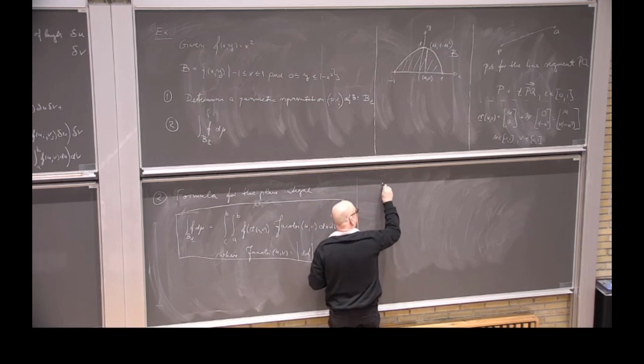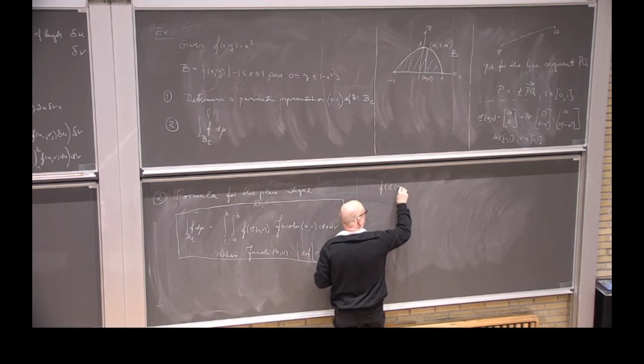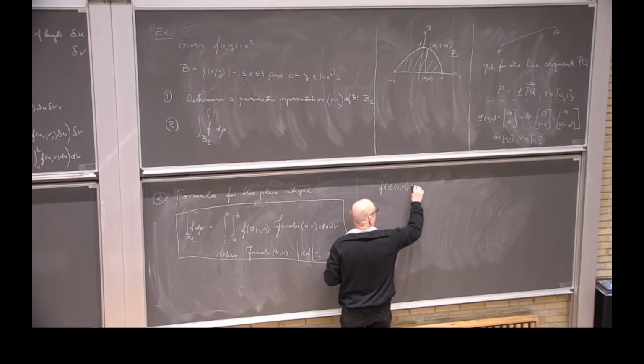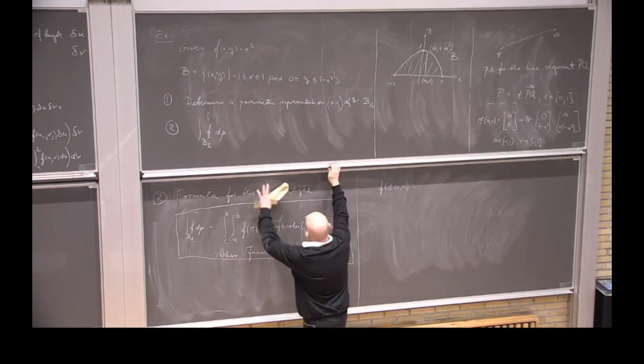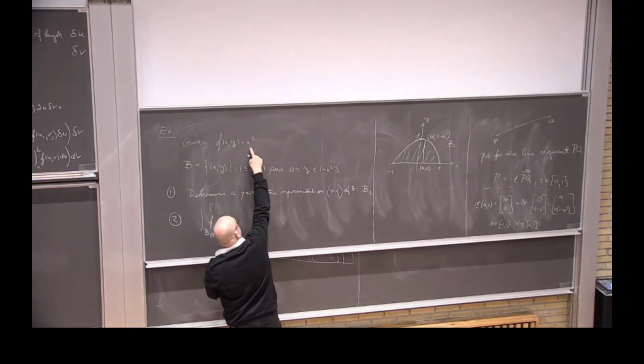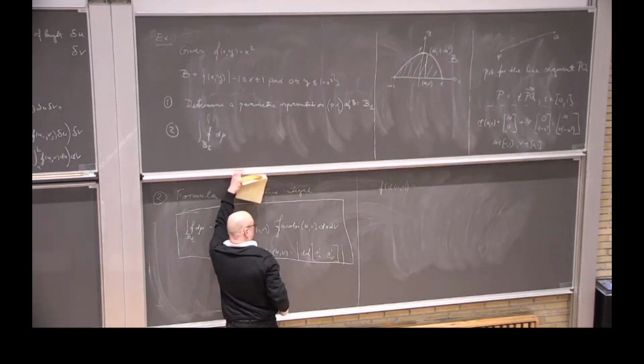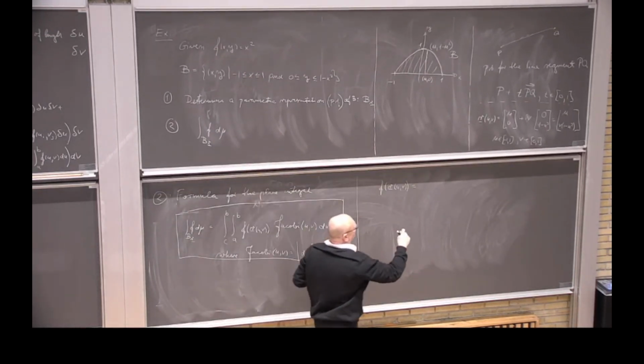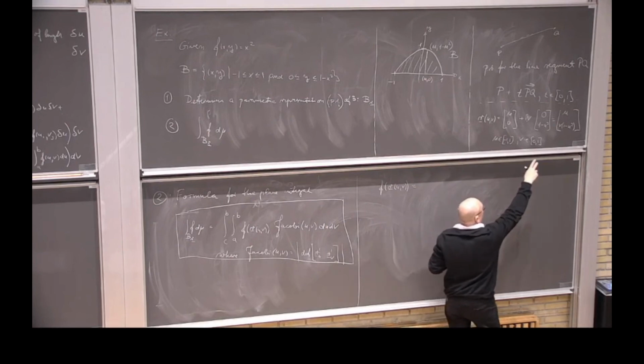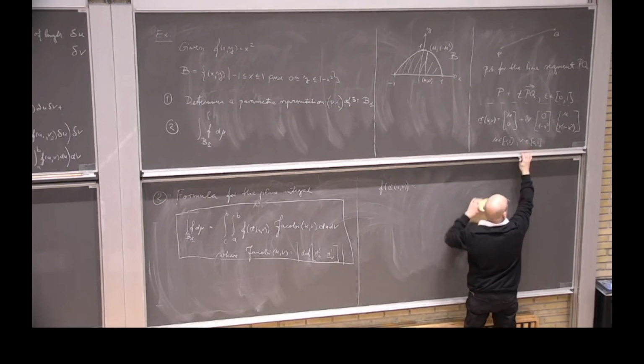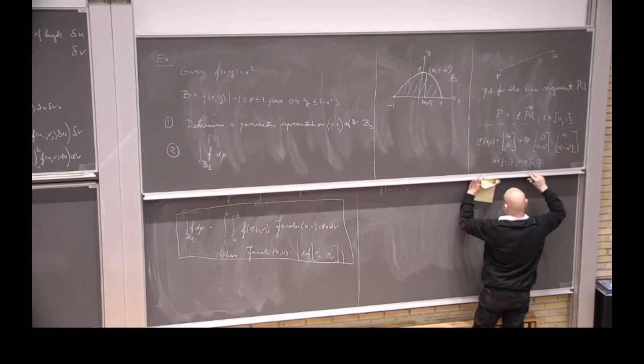I have here that my mass density is x squared, and x is in the parametric representation equal to u.